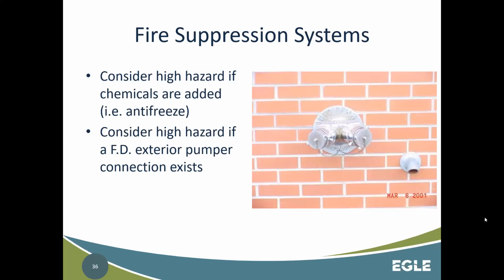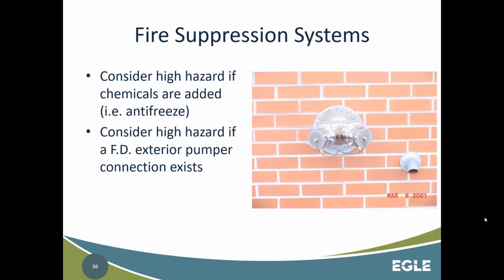Really, the exception to this is if you've got no chemical additives, and if the fire department's policy is that they only use, again, potable water without any additives with their trucks. If that's the case, you might be able to consider these low hazard and use a double check valve. That's where coordination with your local fire department is really going to be important.